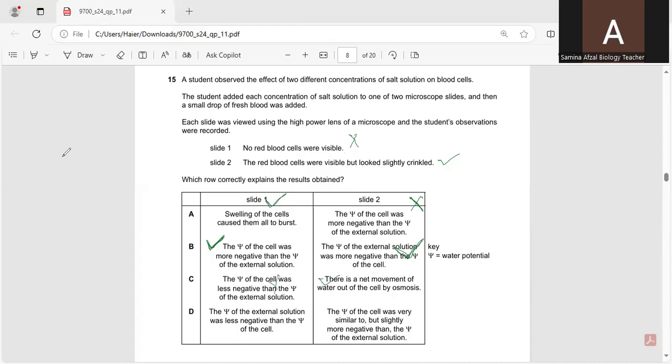So the water potential of the external solution was less negative than the cell, again this is not correct. So in this way, I would like to say B is the correct option.